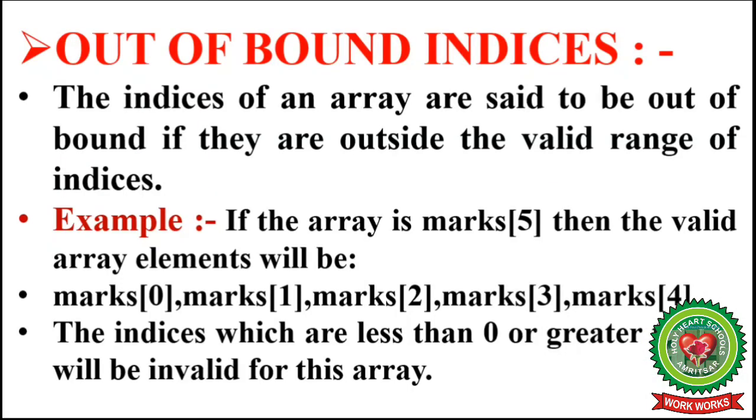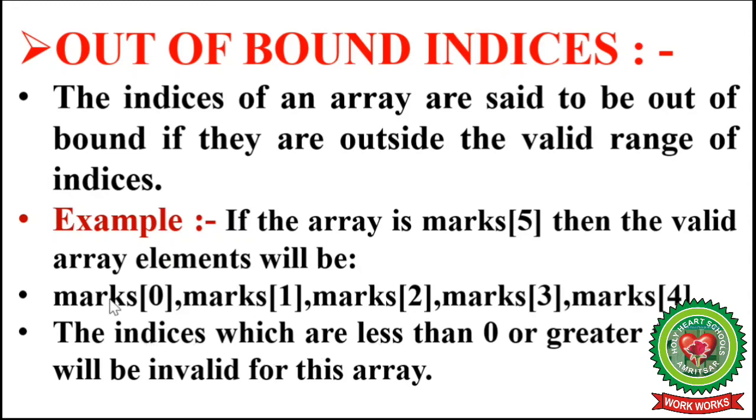Our next topic is out of bound indices on page number 361. The indices of an array are said to be out of bound if they are outside the valid range of indices. For example, if the array is marks[5], then the valid array elements will be marks[0], marks[1], marks[2], marks[3], marks[4].